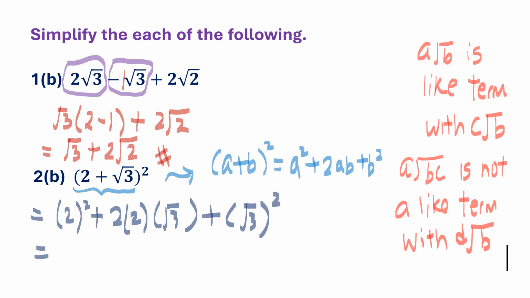Right, this is easy. 2 squared will just give you 4. This one you just multiply the integers first. 2 times 2, then times square root 3. So maybe you have to do some calculation inside your head. So that will give you 4 square root 3.